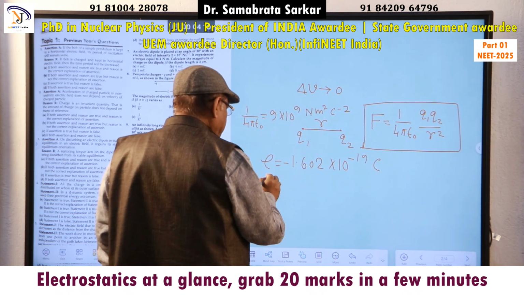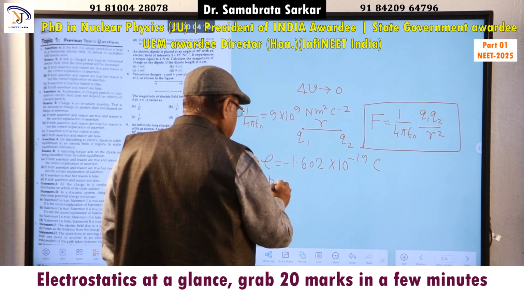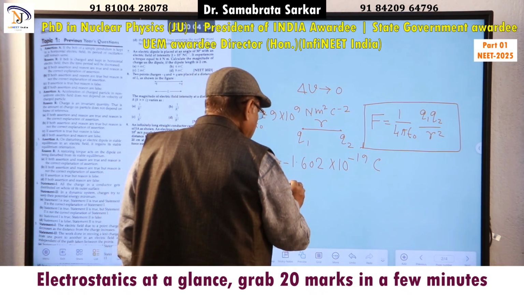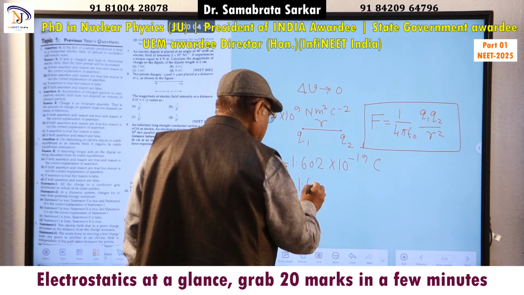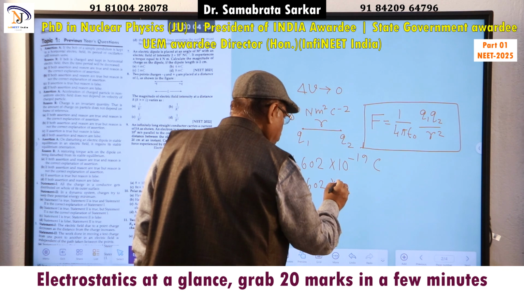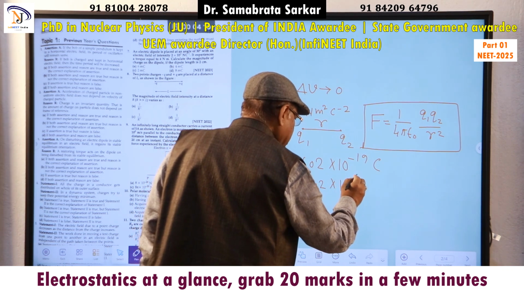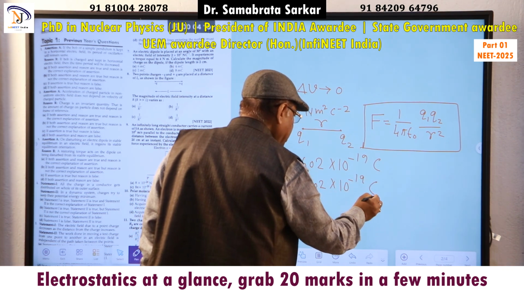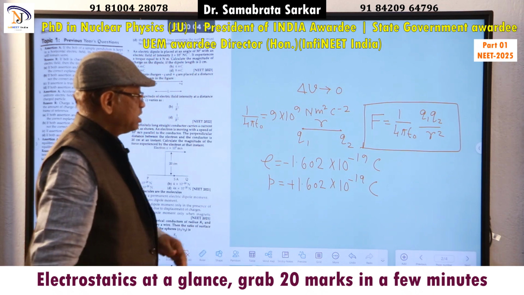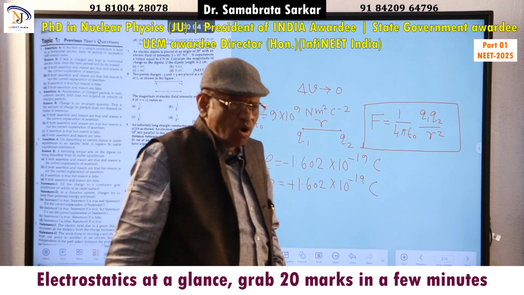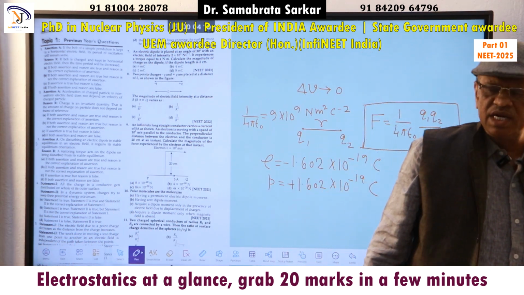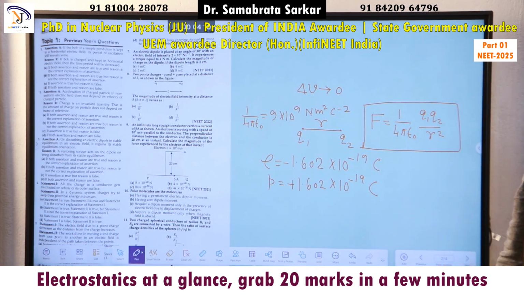If it is a proton, the charge will be the same, but positive, 1.602 into 10 to the power minus 19 Coulomb. There are two types of charges. You all know like charges repel each other and unlike charges attract each other.